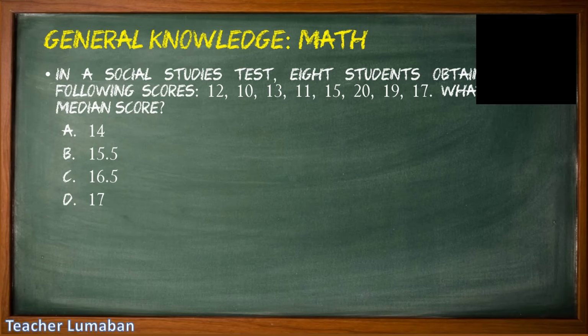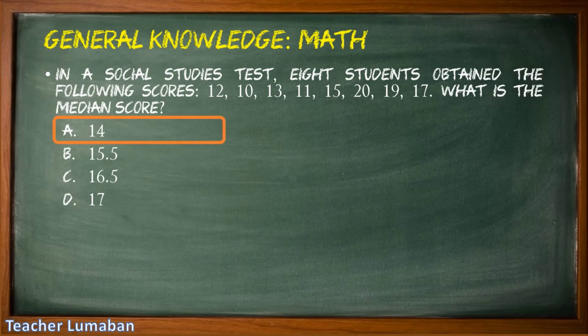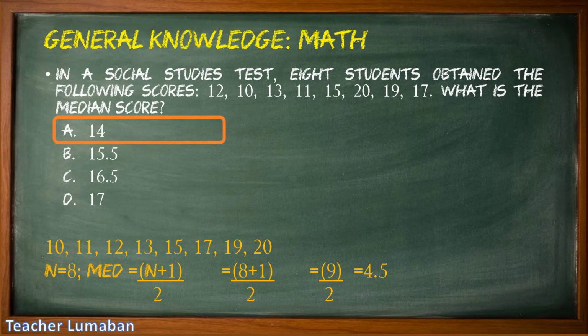The correct answer is letter A, 14. The median score of 8 students in social studies who obtained the following scores: 12, 10, 13, 11, 15, 20, 19, 17. The computation is: first, arrange the scores ascending or descending, like 10, 11, 12, 13, 15, 17, 19, 20.